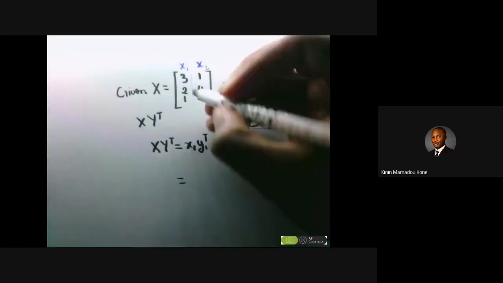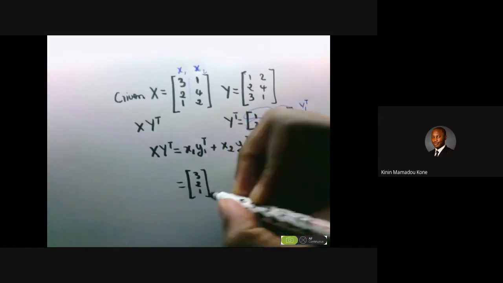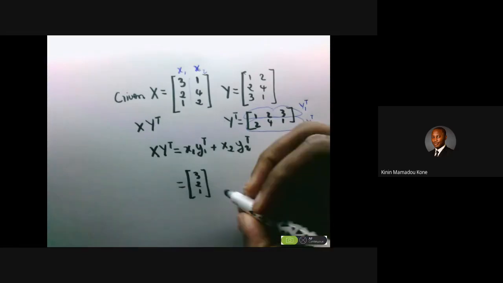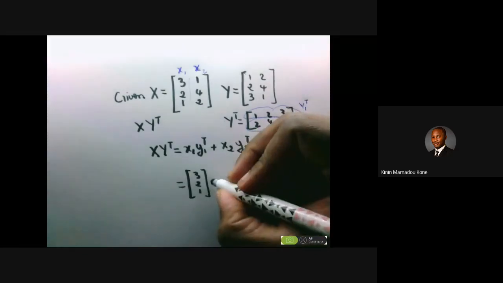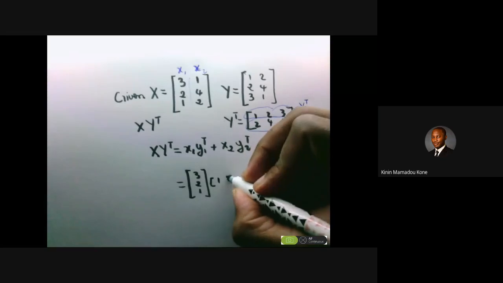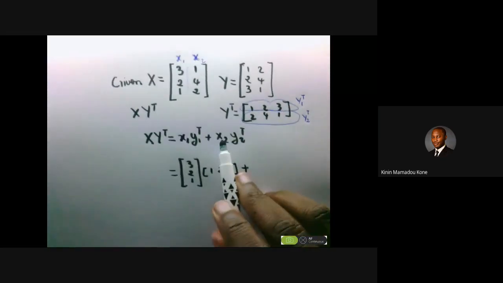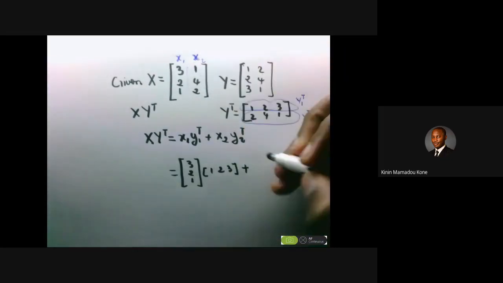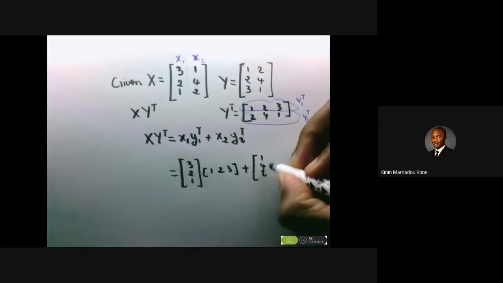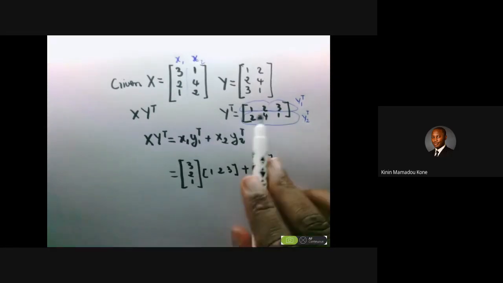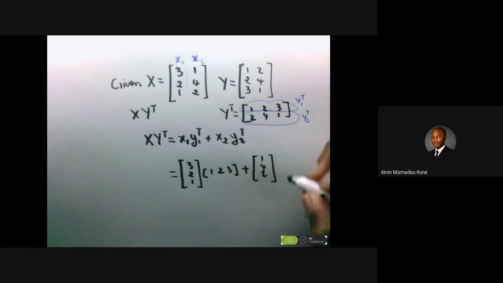Here my x1 is this column, 3, 2, and 1, times y1 transpose, which is 1, 2, 3, plus x2, this column vector 1, 4, and 2, times y2 transpose, which is 2, 4, and 1.